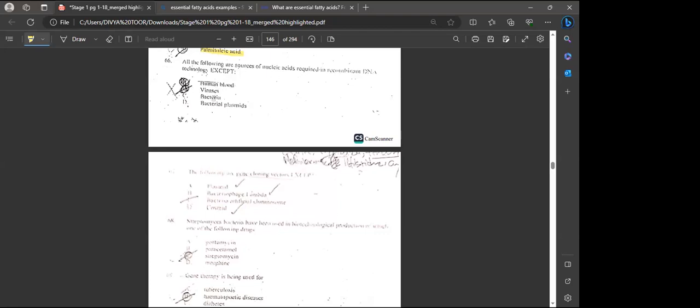So there's human blood, there's viruses, there's bacteria and bacterial plasmids. From what we've just done, bacterial plasmids is there. Bacteria is used for you to put in your medium, and then it grows, it cultures. So I don't know about these two, human blood and viruses. What do you guys think?